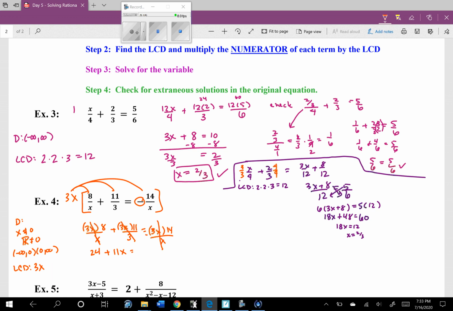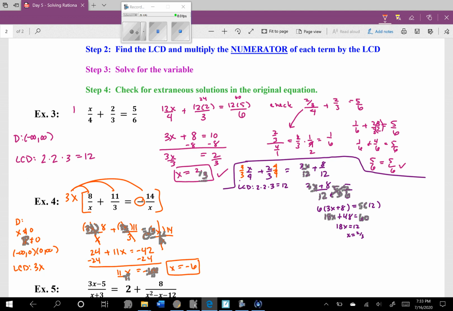And here the x's cancel out, so negative 3 times 14 is equal to negative 42. Now we can solve for x because it's not a quadratic, so minus 24. So we get 11x is equal to negative 66, divided by 11, and x is equal to negative 6.